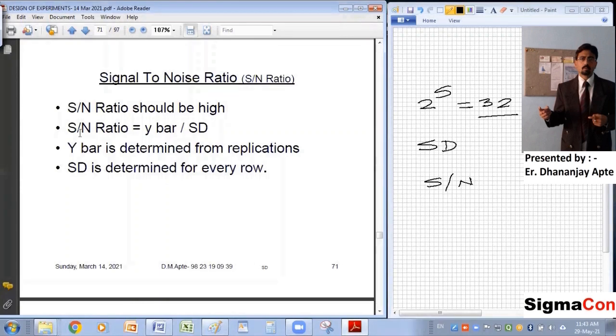Now how do we find signal to noise ratio? Take the average measurement of all y values, that is y bar, divided by standard deviation. This is how Taguchi experimentation is used for deciding whether our design is robust or not.